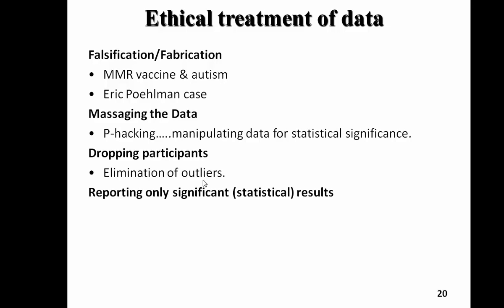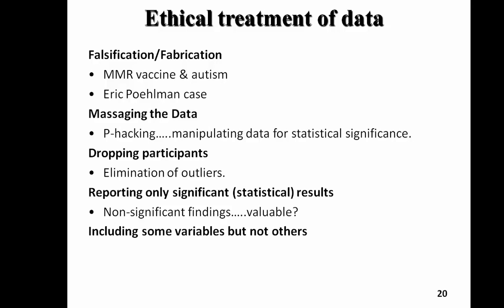In some situations it might be perfectly appropriate, but it must be disclosed. Reporting only statistically significant results can pose a problem, because statistically non-significant findings can be just as valuable as significant findings.